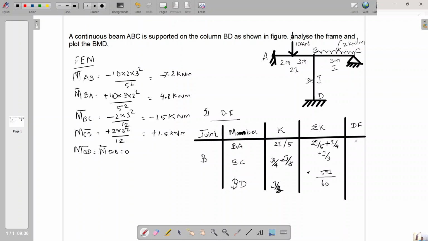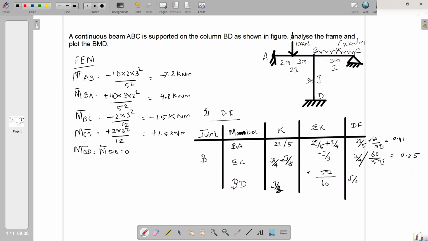And the individual distribution factor is the relative stiffness divided by the summation of stiffness values: 2I by 5 into 60 by 59I, which is equal to 0.41. For the second member, I by 4 into 60 by 59I, which is equal to 0.25.